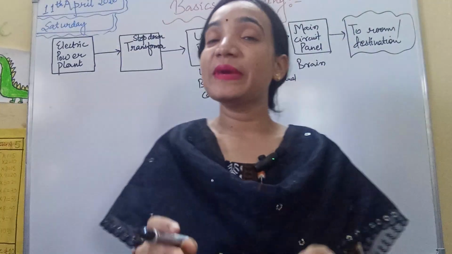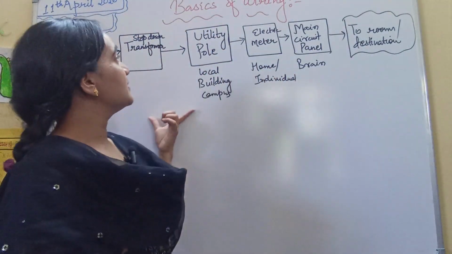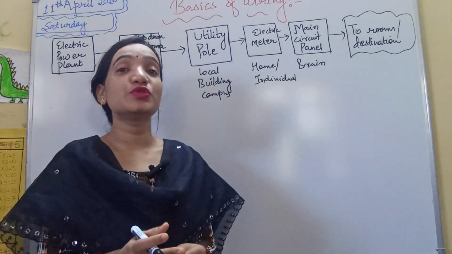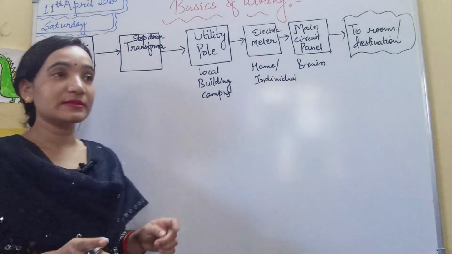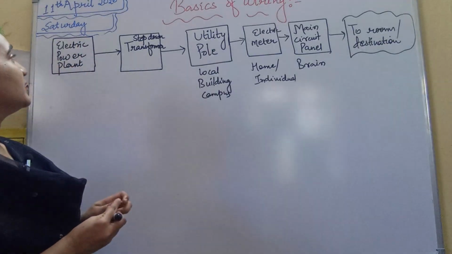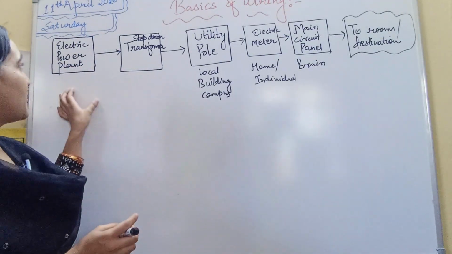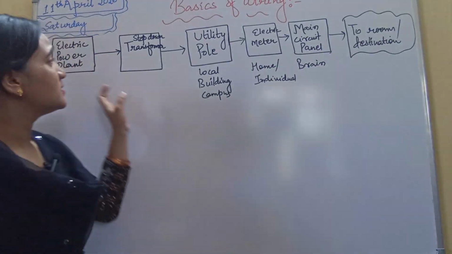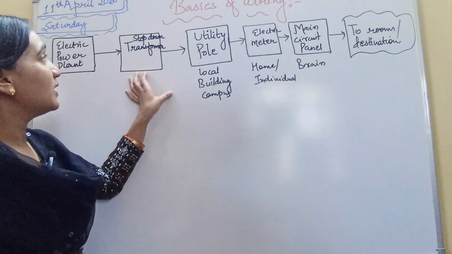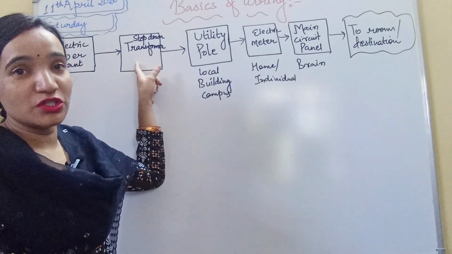So this is the basic block diagram, the easy block diagram through which we can understand how we are getting electricity. The electricity comes from the electric power plant to the local area, where a step down transformer is used.